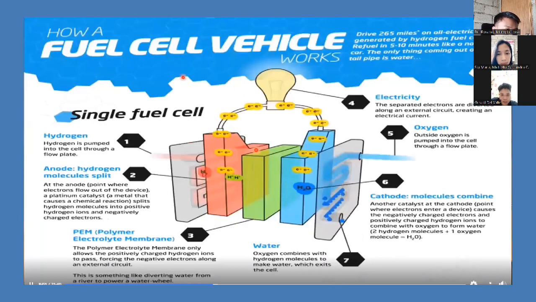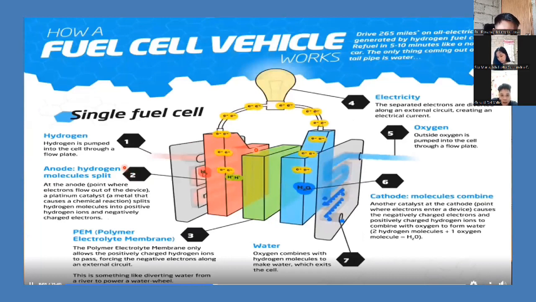Next. How a fuel cell vehicle works. First, in a single fuel cell, hydrogen is pumped into the cell through a flow plate. Second, hydrogen molecules split at the anode, the point where electrons exit the device.